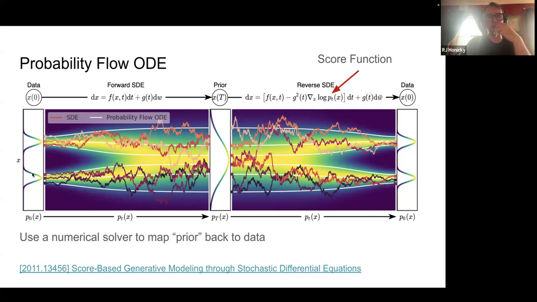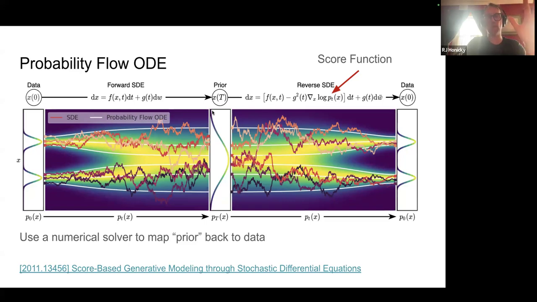And what this differential equation does is sort of like heat diffusion. As time goes to the right, the heat that is condensed in the modes of these two Gaussians spreads out over time and ends up in the middle with this prior here.